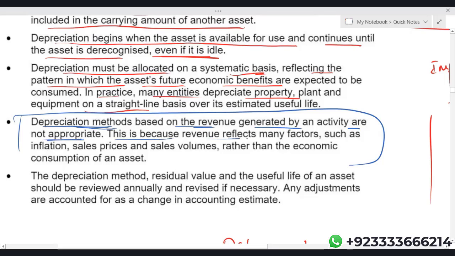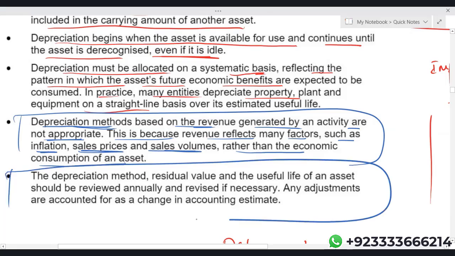This is because revenue reflects many factors, such as inflation, sales prices, and sales volumes, rather than economic consumption of an asset. So simply, if you come across an exam where a company wants to depreciate the asset according to revenue, it is not acceptable.